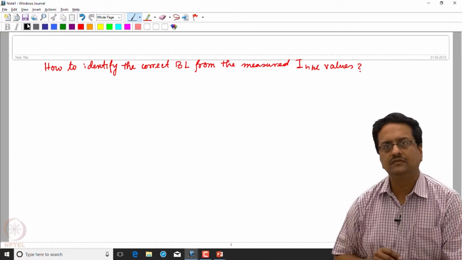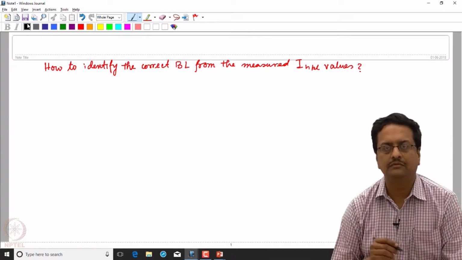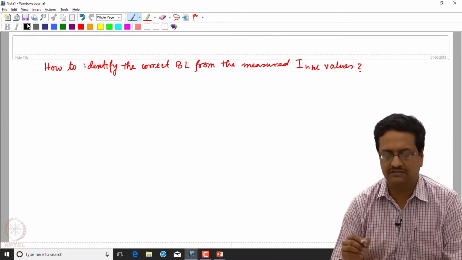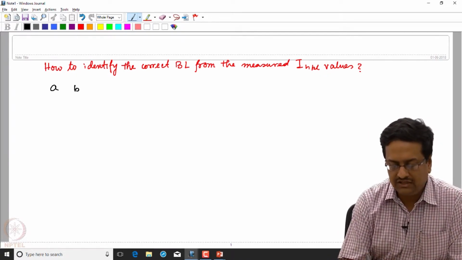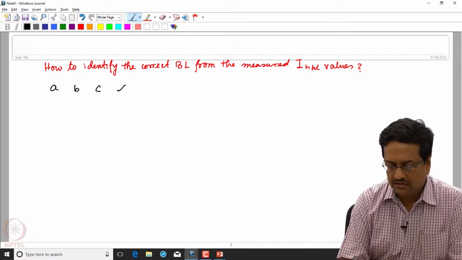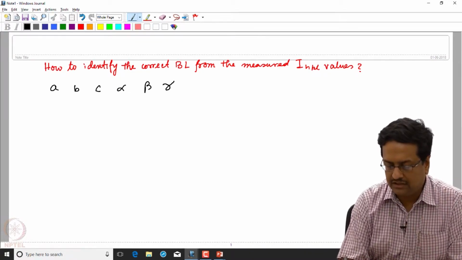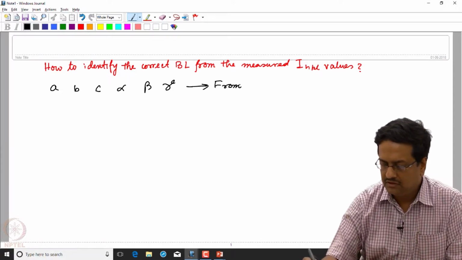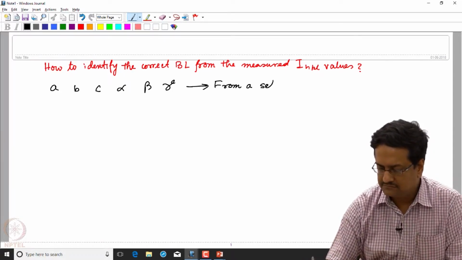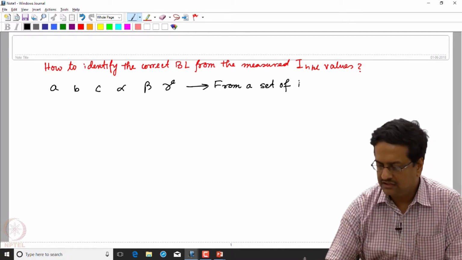There may be situations when we try to index some X-ray diffraction pattern, and we get the values of A, B, C, alpha, beta and gamma from a set of initial reflections.